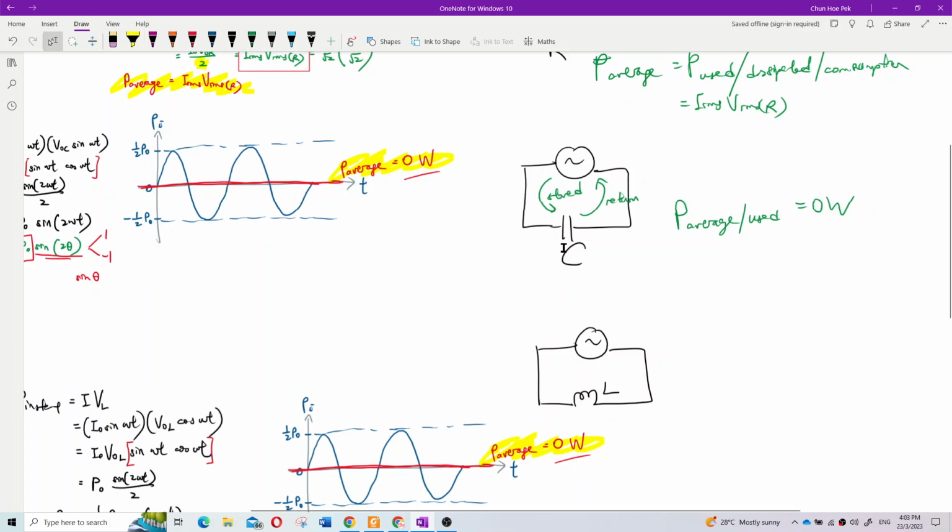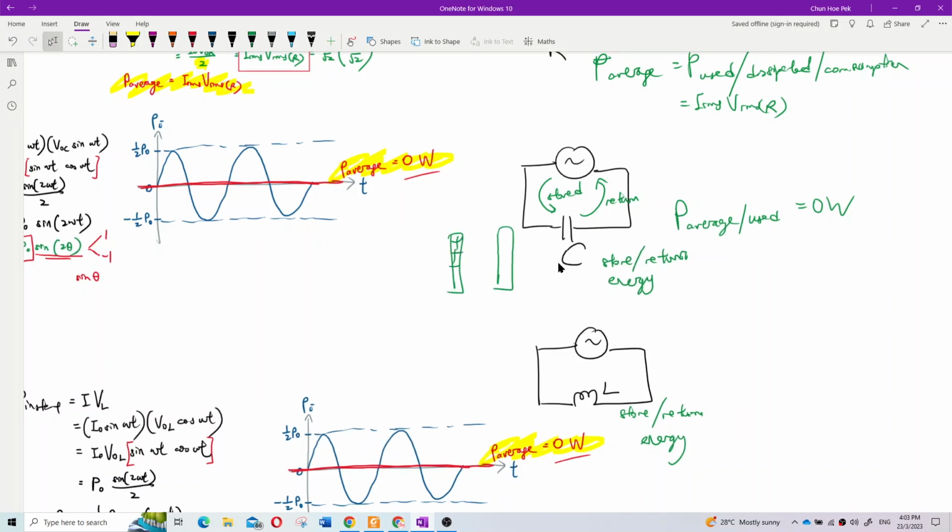That means they can store power and return power. We know that capacitor can store energy. They have the ability to store energy and return energy. Understand? How does a capacitor store energy? It is stored in the form of electric field, charging and discharging.